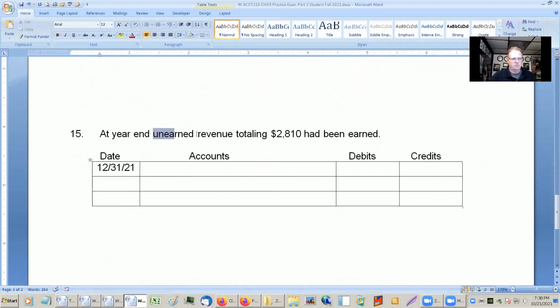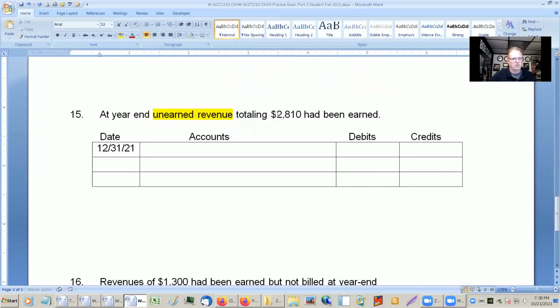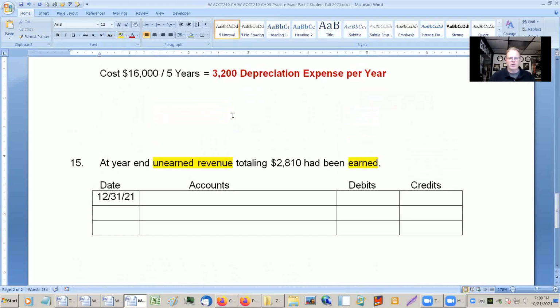Unearned revenue totaling 2,810 has been earned. Okay, is revenue an expense account? Unearned is... earned revenue is, you did not earn it.